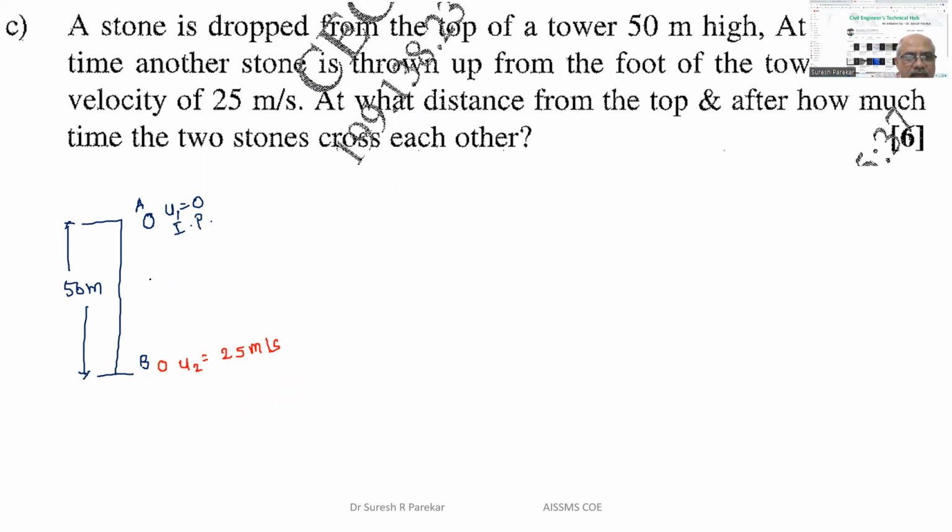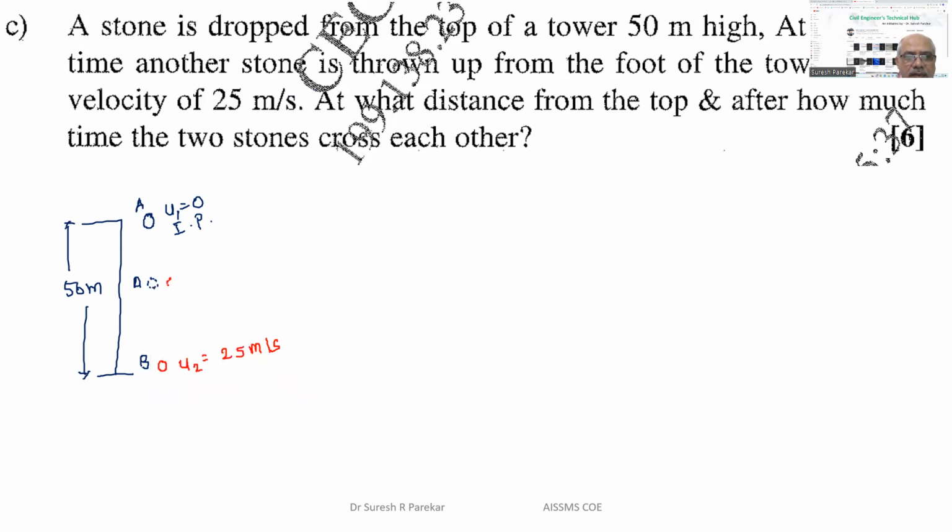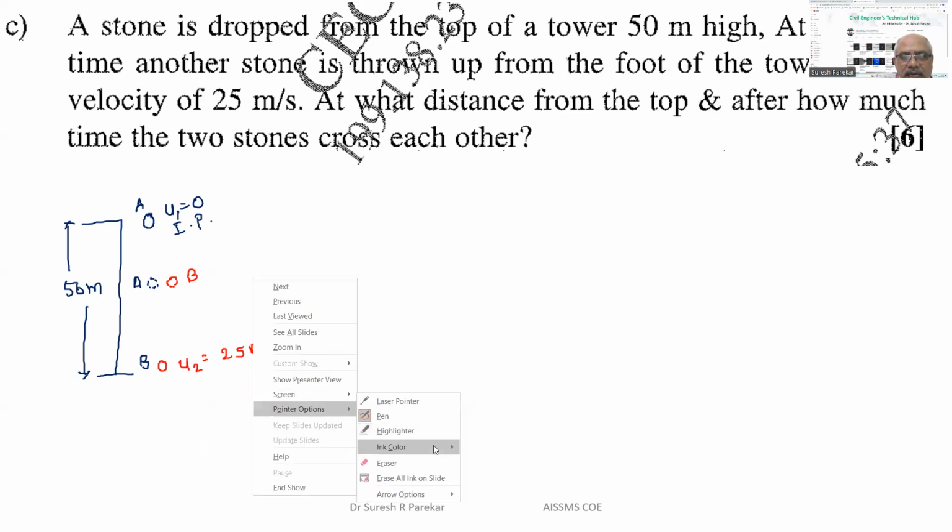So let us say our first stone will be somewhere here. So this I will mention A, and another stone we have, that is B, which will be somewhere here. So we have B over here. Now we are interested in what distance is traveled and where they will meet each other.